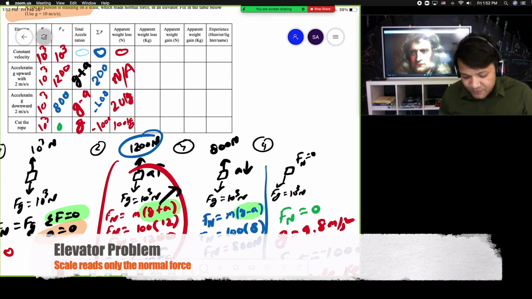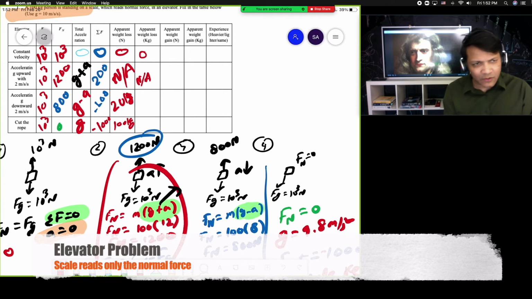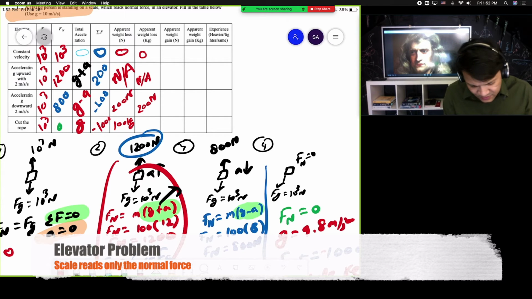Alright, now we're going to find the apparent weight loss. Apparent weight loss is 0, not essential. And 200. Oh, this is in kilogram, the other one is Newton. Oops, this one is in Newton. So this is 200 Newton, and this is 1000 Newton.